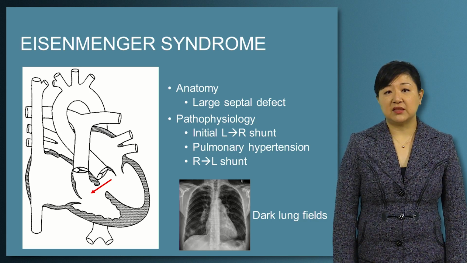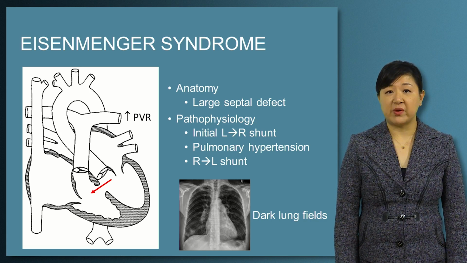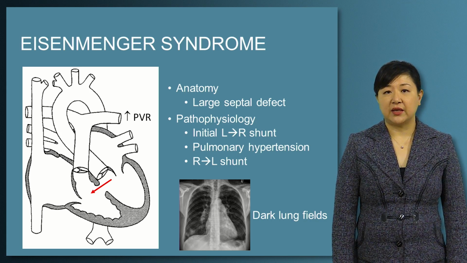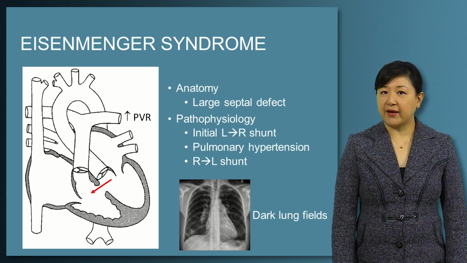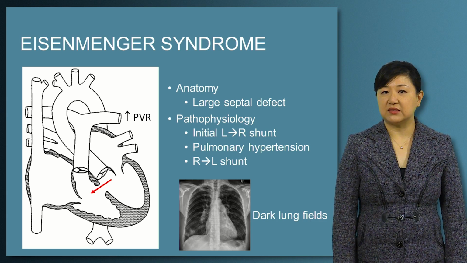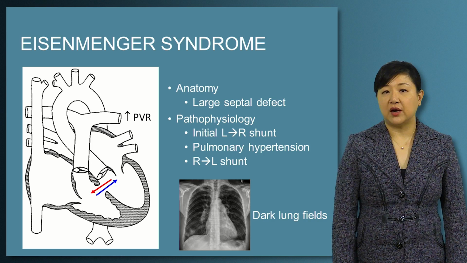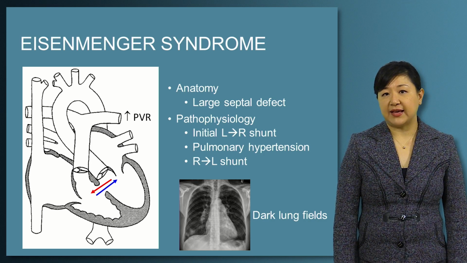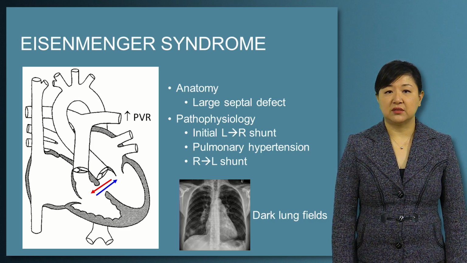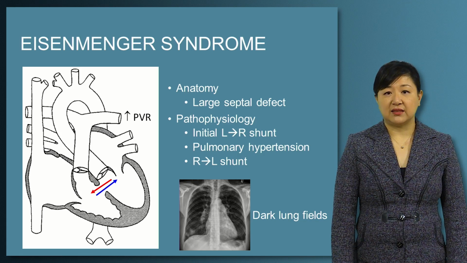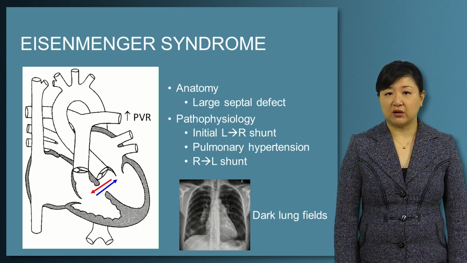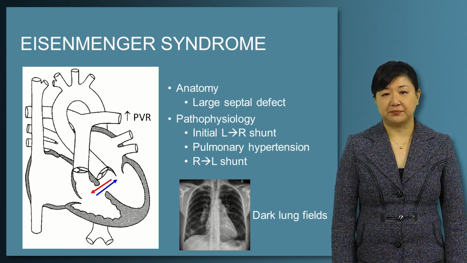Over time, this can lead to pulmonary hypertension, where the pulmonary vascular resistance goes up. And if the pulmonary vascular resistance goes higher than the systemic vascular resistance, then you can have reversed flow, or right to left shunt across the VSD and cyanosis. Because the blood is bypassing the lungs, typically you will have dark lung fields on a chest x-ray.